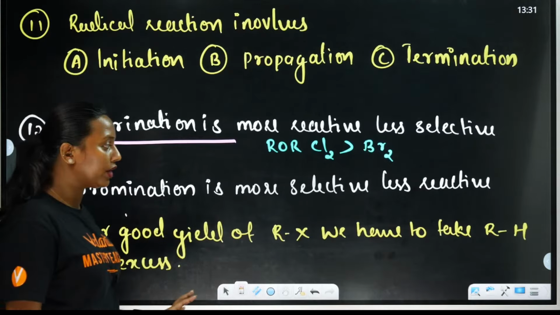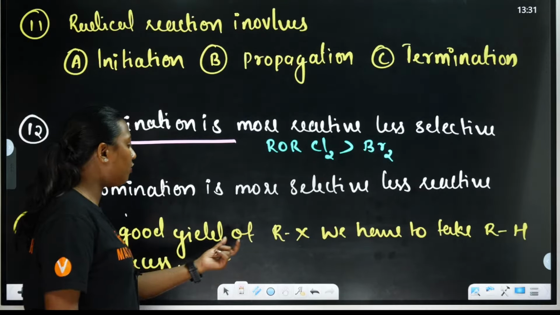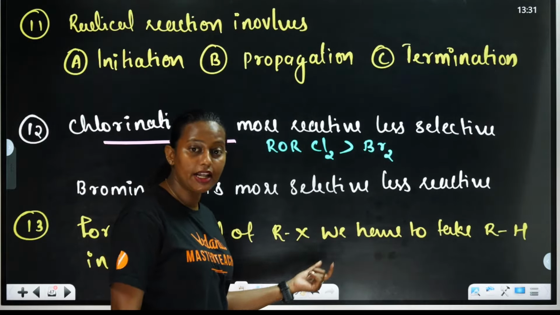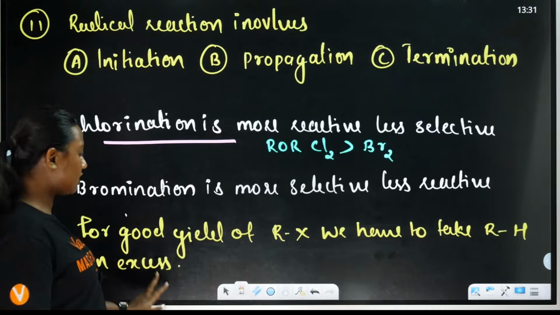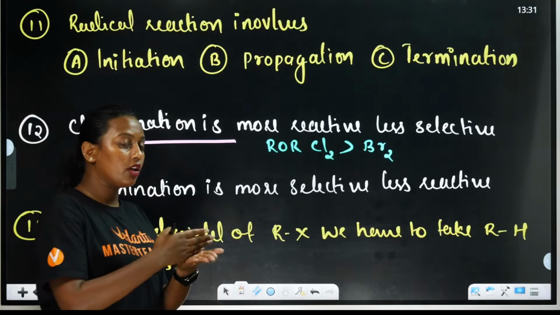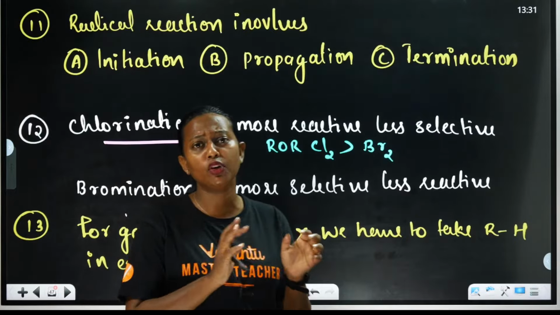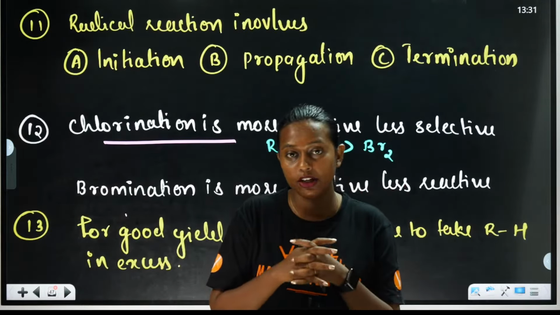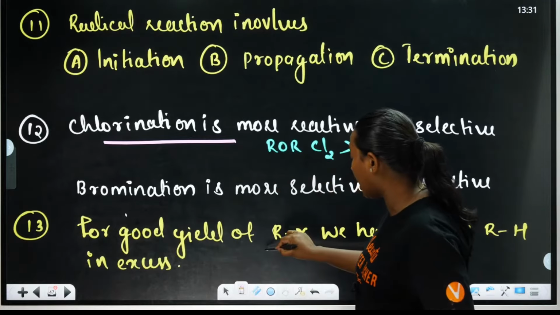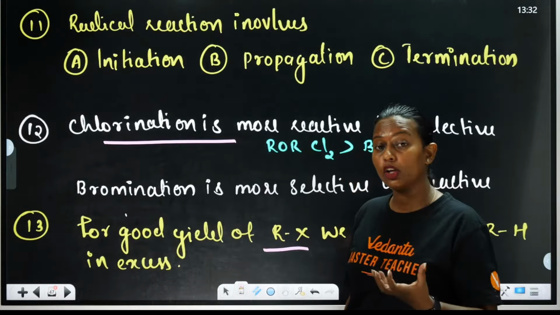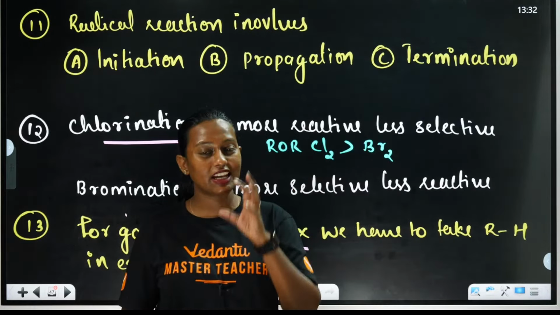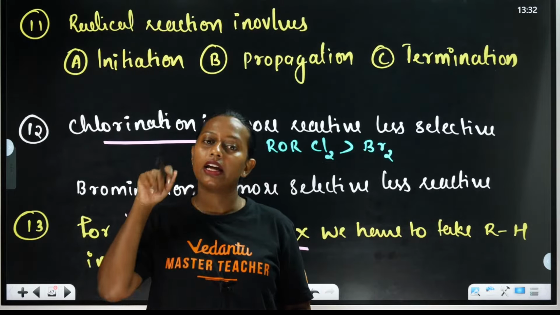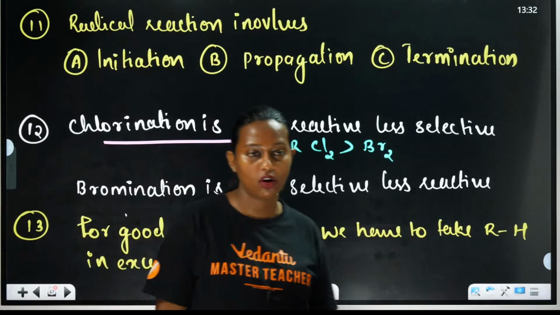For good yield of alkyl halide, you have to take RH in excess.